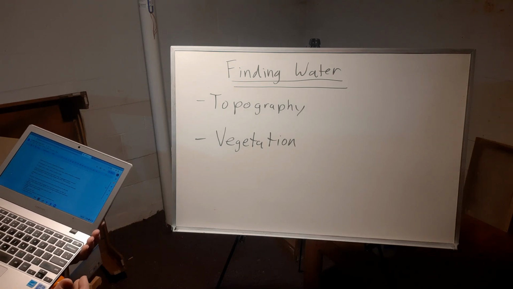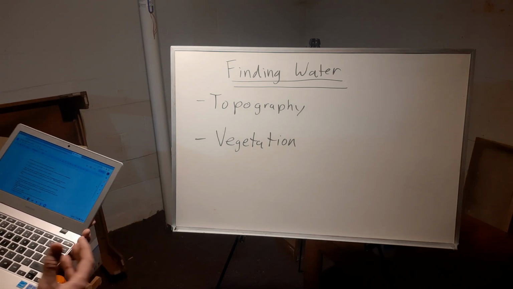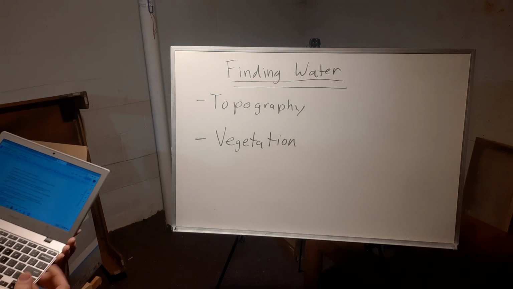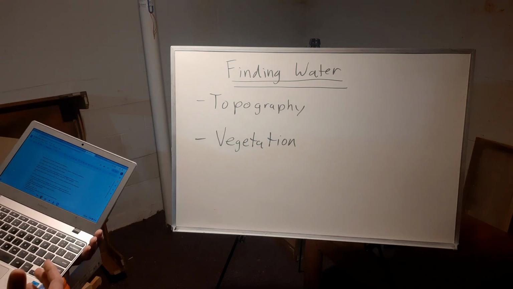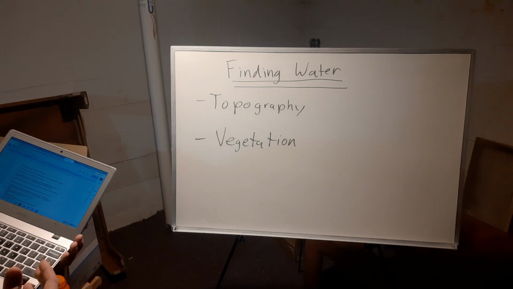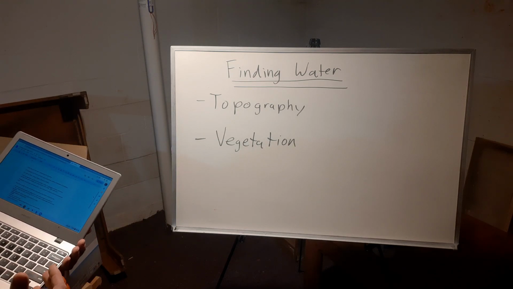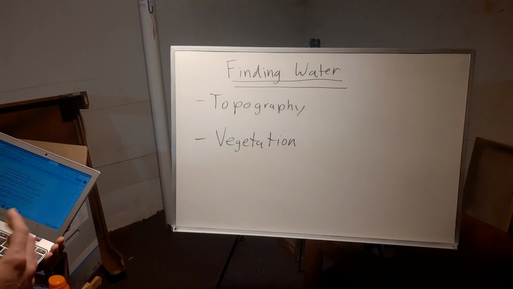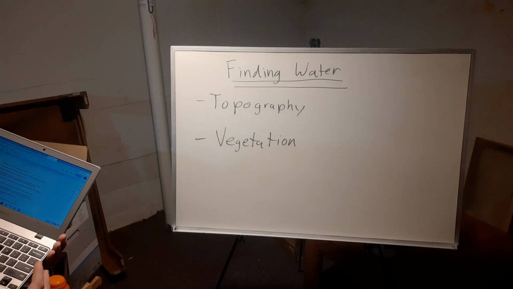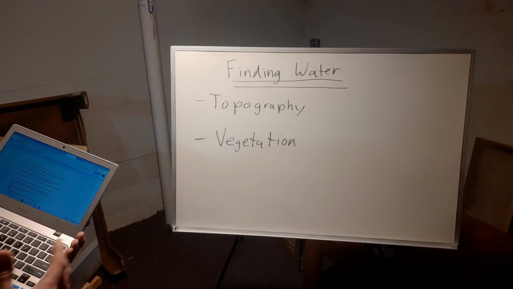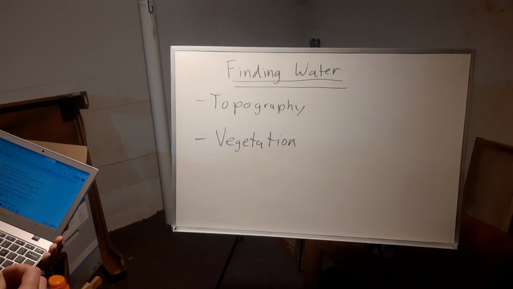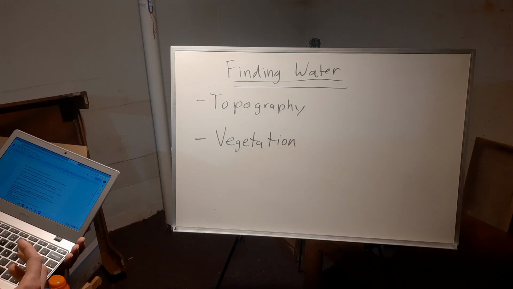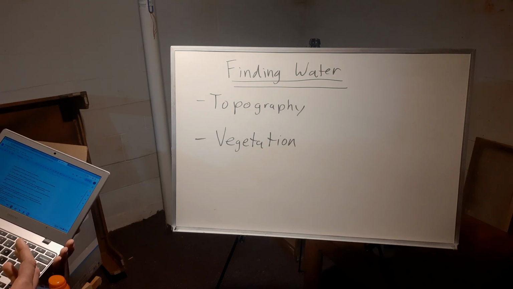There could be standing water where hardwoods grow, but generally speaking, you're not going to find a lot of standing water or very moist soils in areas where hardwoods grow. Okay, so that's just a general rule of thumb. Deciduous trees or hardwoods will usually be growing on well-drained soils or better drained soils.